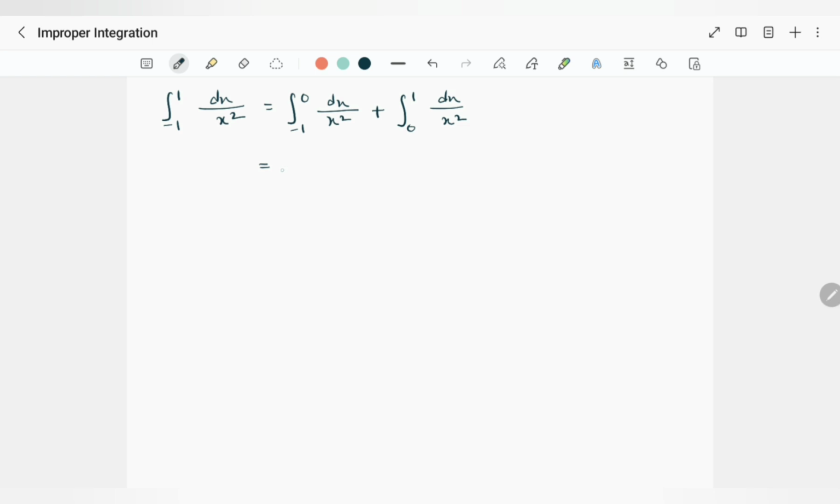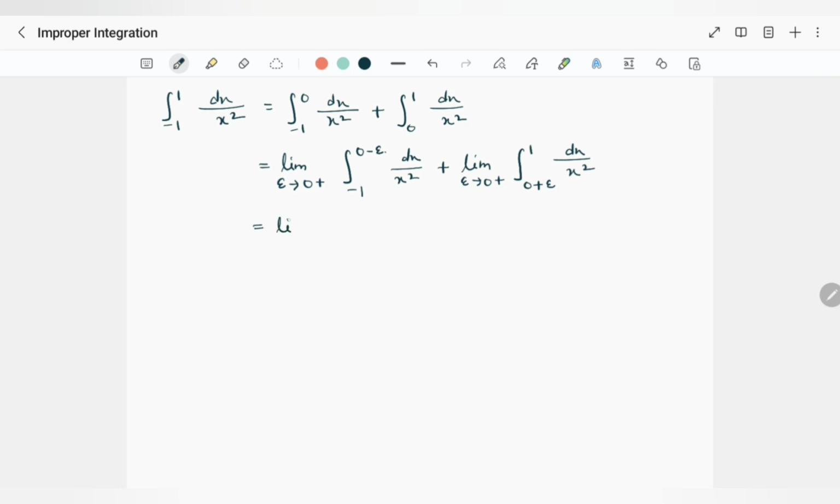Now taking the limiting value, limit epsilon tends to 0 plus integration minus 1 to 0 minus epsilon dx by x square plus limit epsilon tends to 0 plus integration 0 plus epsilon to 1 dx by x square.